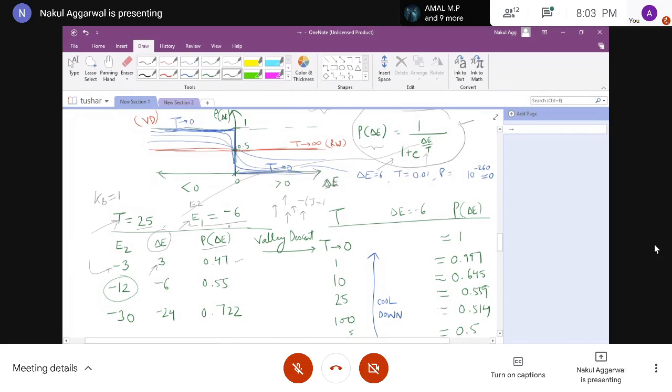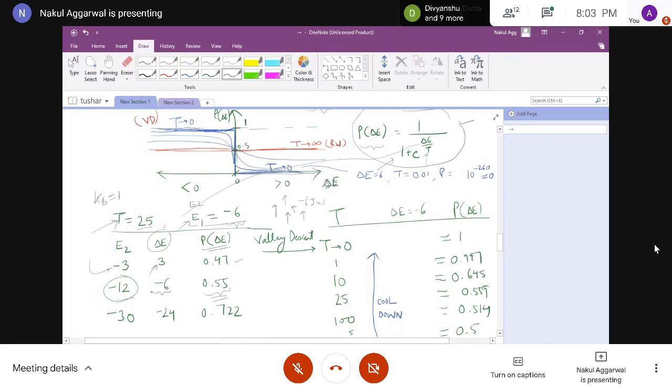Now take a case when the energy decreases from -6 to -12. So delta E is negative. So probability now increases to 0.55, which makes sense because the energy of the system is decreasing and the probability to access that microstate or that configuration is increasing.